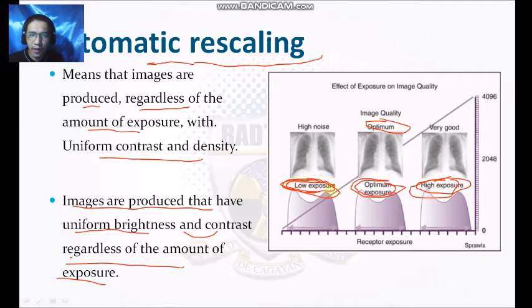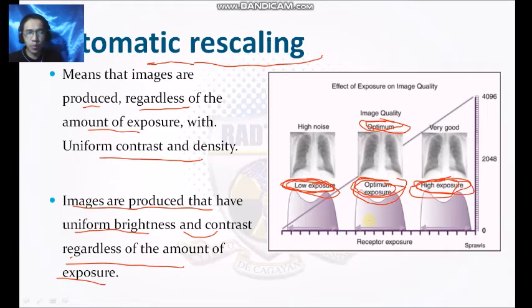Even if you have a very low or a very high exposure technique, the images that will be displayed on your monitor will actually be almost the same as with the optimum exposure technique factor.